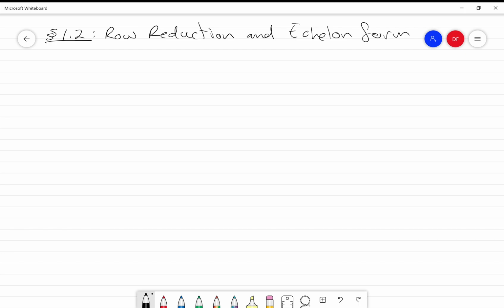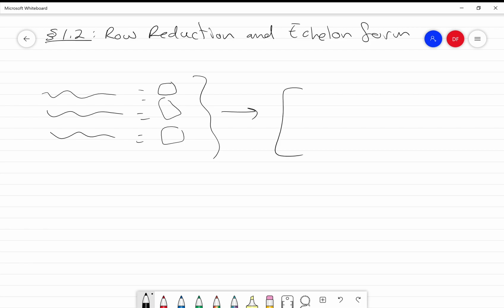Okay. In this section, we're basically going to show you, when you have a system of linear equations, 3 equations, let's say, and you turn this into a matrix, with columns and rows and then the equal part here, how do you use this to find the solution?